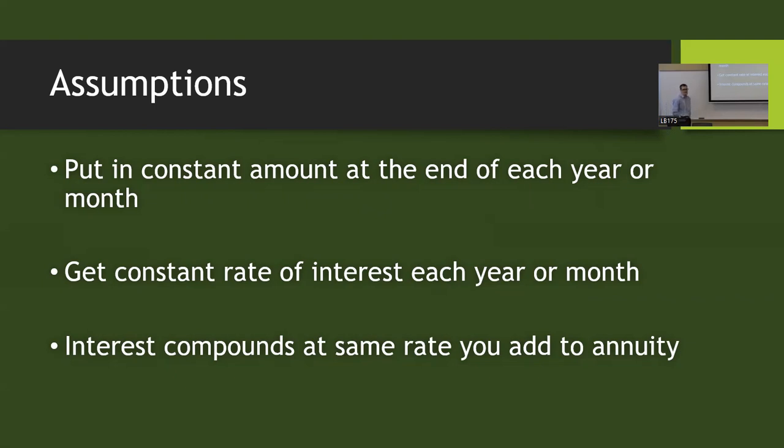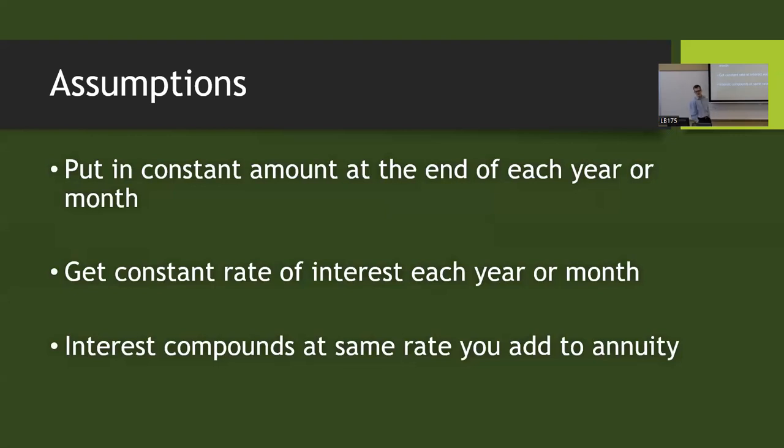We're earning a certain interest rate every year, every month, every day, whatever, every quarter. And the third assumption is that if I put in money every month, I'm going to assume that the interest rate compounds monthly. If I put in an amount at the end of every year, I'm going to assume the interest compounds yearly.